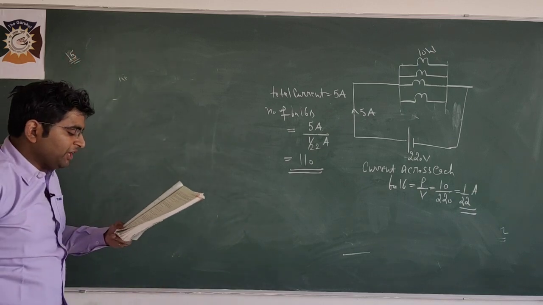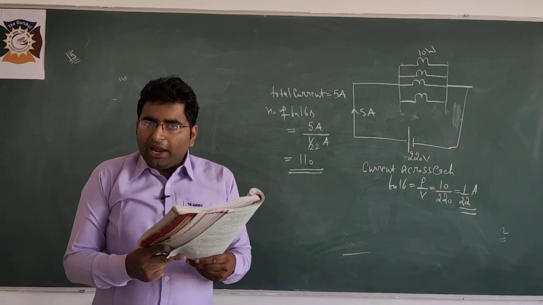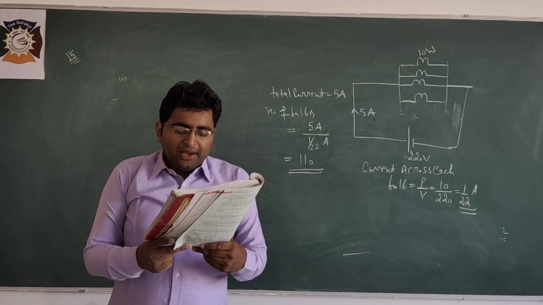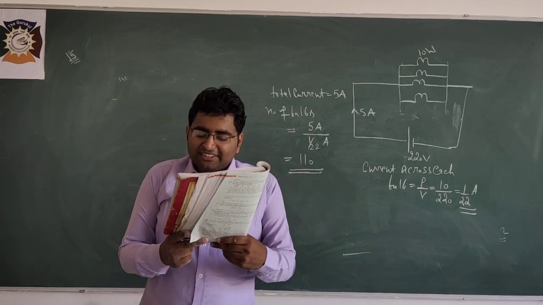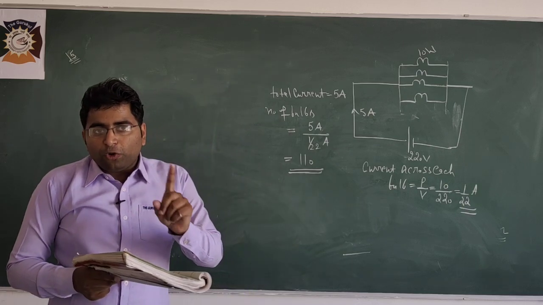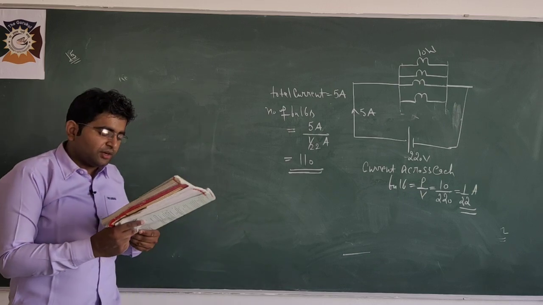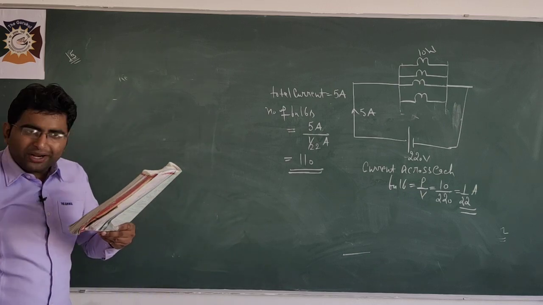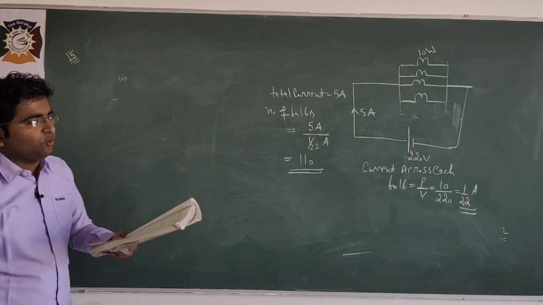Okay students, now come on, question number 15. Very important question. Two lamps, one rated 100 watt at 220 volt and the other 60 watt at 220 volt. One thing, the supply voltage is the same across both. It means both are connected in parallel. Clear? What current is drawn from the line if the supply voltage is 220 volt?